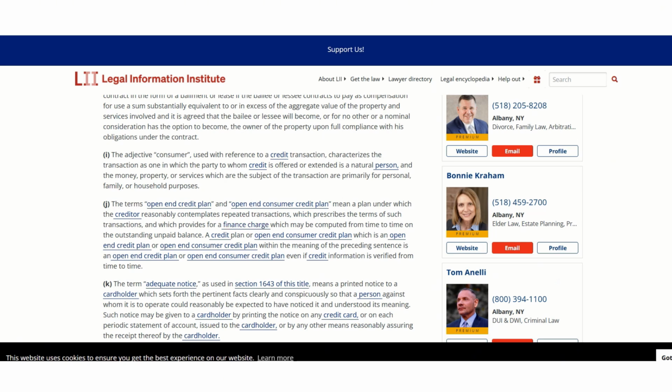All right, so let's look up credit transaction. A credit transaction is some kind of transaction. So let's look up what credit transaction means.